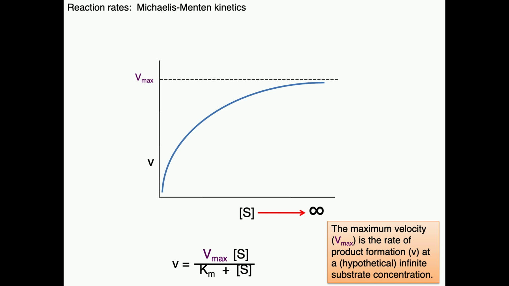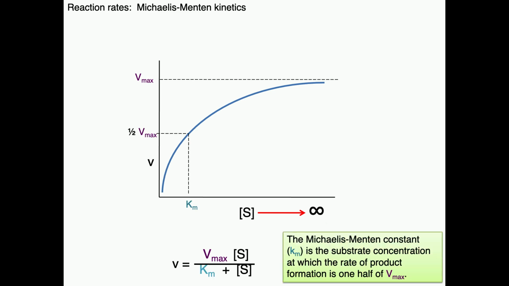concentration of substrate. Okay. So another intrinsic property of an enzyme is its Michaelis constant, or Km, and the Km is defined as the substrate concentration, so that's measured on the x-axis, the substrate concentration at which you would get 1/2 of the maximum velocity.